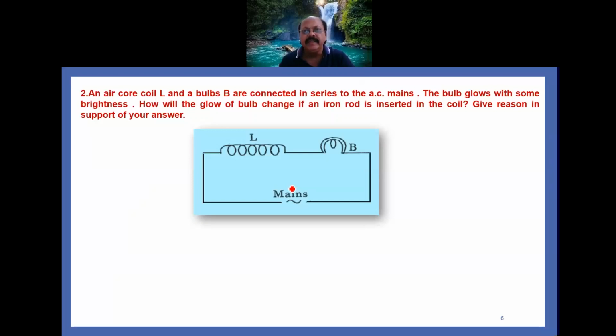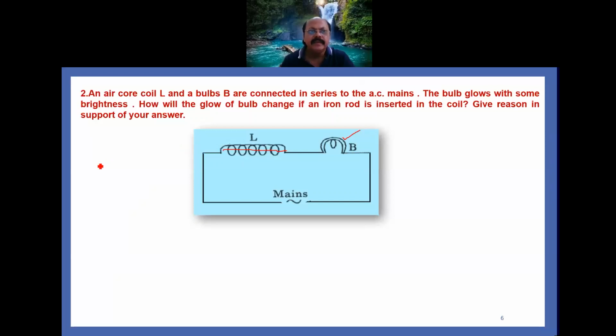When the air core coil is connected to the bulb in series, the bulb glows with some brightness. What happens to the glow of the bulb when an iron rod is inserted in the coil? Give reason.